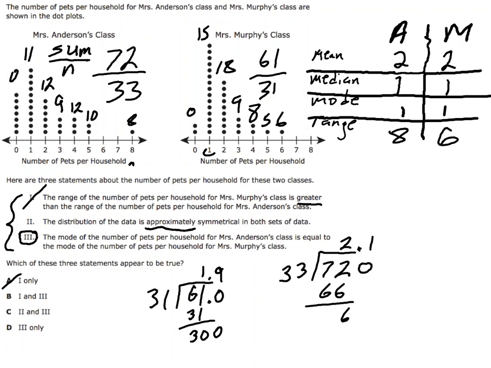Now we have a 3 out of 4 chance. We know that number 1 is false, so we can eliminate anything with a number 1. So now we're down to a choice of 2. It's either 2 and 3 or just 3. Well, I know for certain 3.